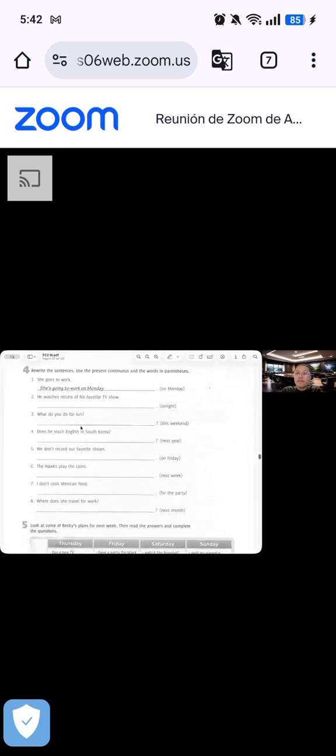Rewrite the sentences. Use the present continuous and the words in parentheses. Number 1. She goes to work. That's present simple. What is the present continuous for she goes to work? She's going to work on Monday. Number 2. He watches reruns of his favorite TV show. This is present simple. What is the present continuous form of this sentence?